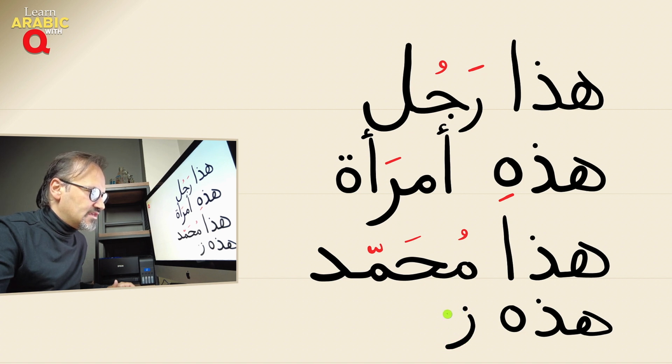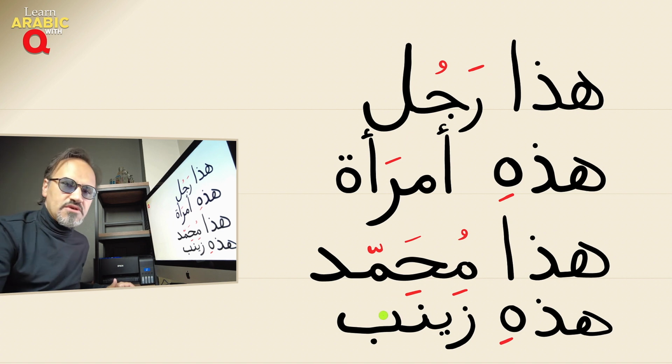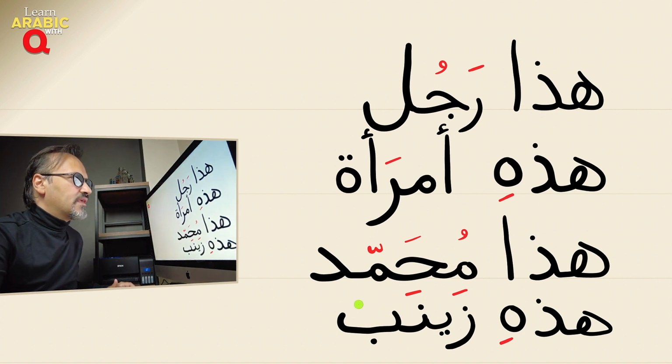Zay, there's a ye. Then there's a noon here, there's a ne sound, neb. Then we have the boat shape of the B. Hadihi Zainab.